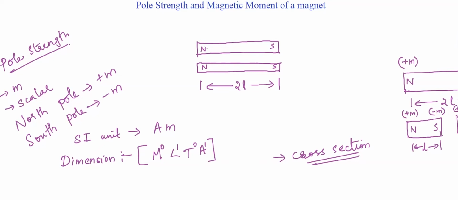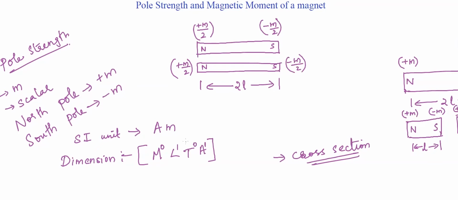Since it is cut into half, the cross-sectional area got reduced to half. So the pole strength in turn will be plus m by 2 at the north pole and minus m by 2 at the south pole. Same for the second half, plus m by 2 and minus m by 2 respectively.